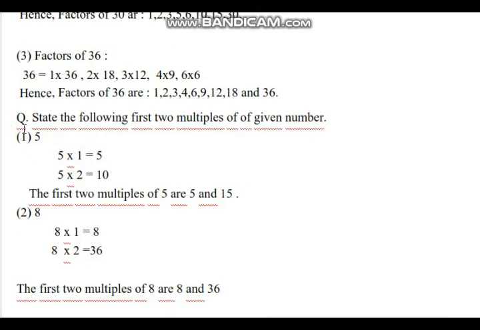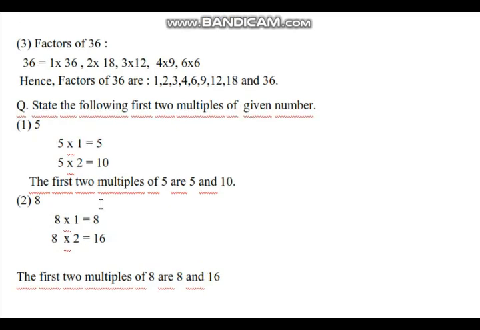Now here the question is, state the following first two multiples of given number. So children, as you know, we can find out the multiples by multiplying the given number with 1, 2, 3, 4, 5, 6, 7, 8, 9 and so on, and the multiples of any number are infinite.